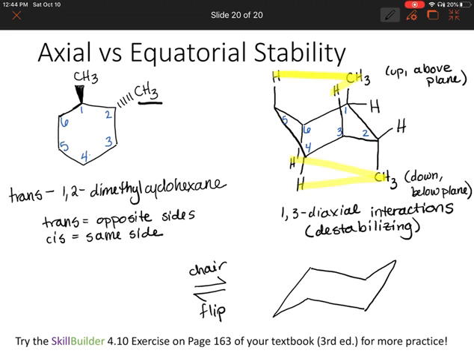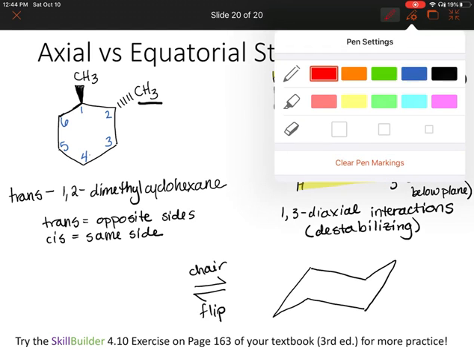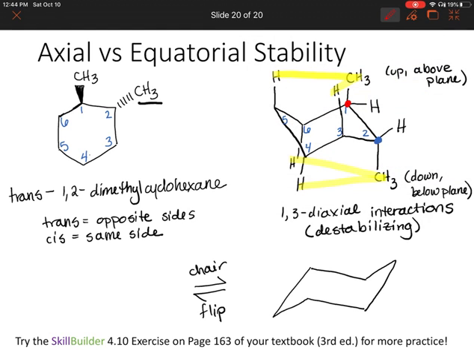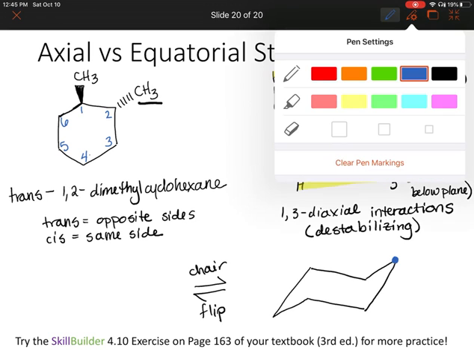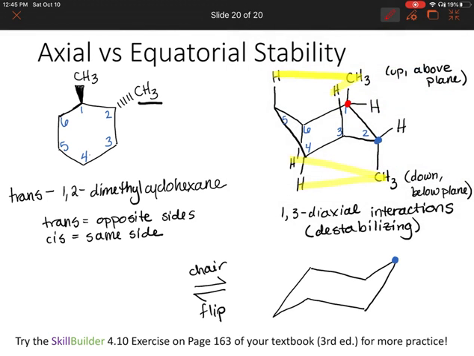I'm drawing the opposite chair from before. Let me highlight up above our front carbon in blue and our back carbon in red. The blue carbon is going to shift back one spot, and then the red carbon is also going to shift over one spot when we do this chair flip.